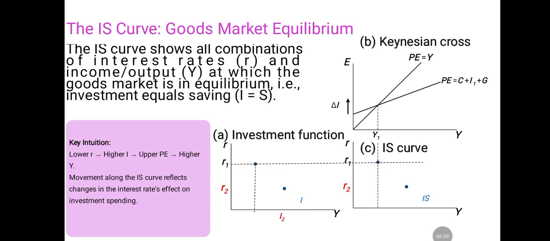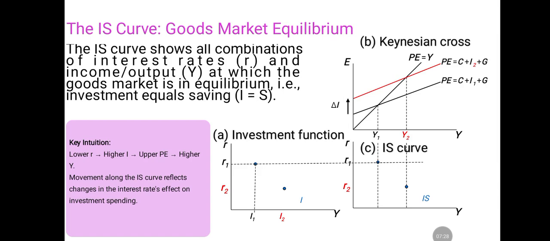Now, when the investment increases from I1 to I2, look at panel B. In this, our planned expenditure curve shifts upward. When the planned expenditure curve shifts upward, the income increases from Y1 to Y2.